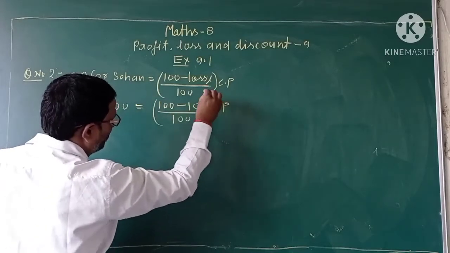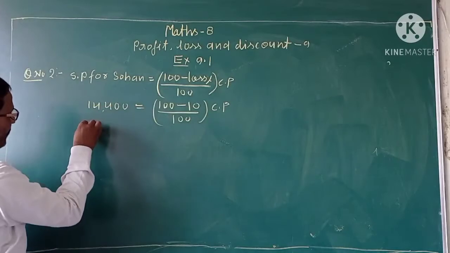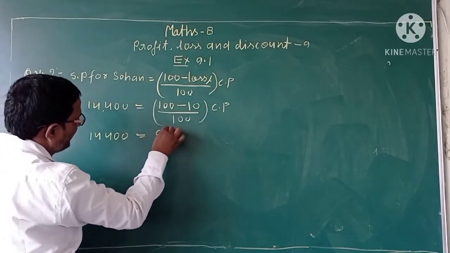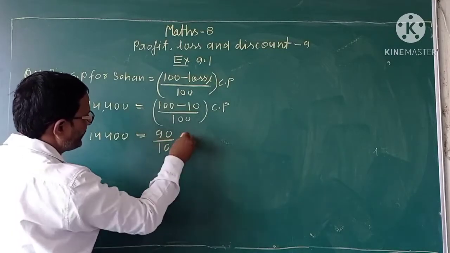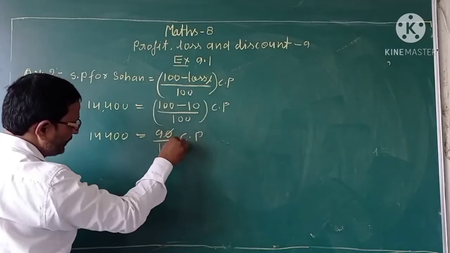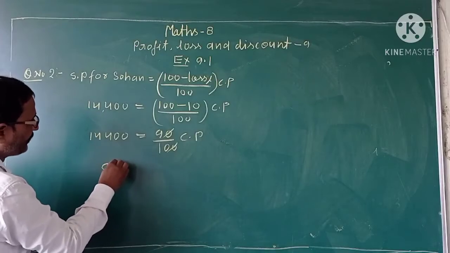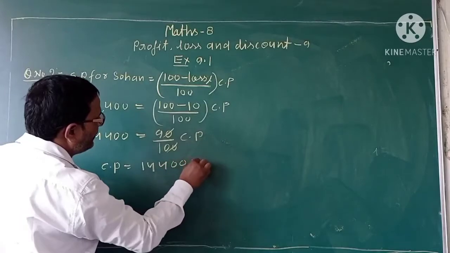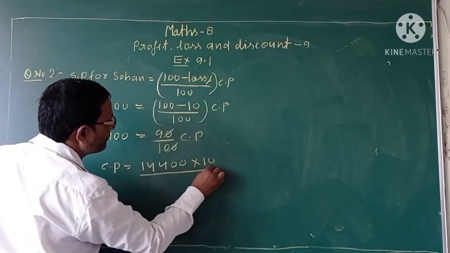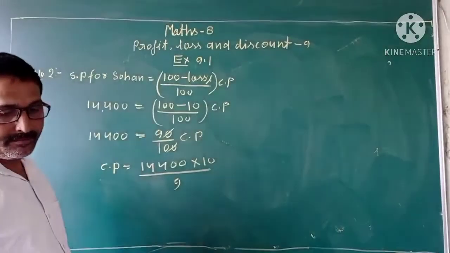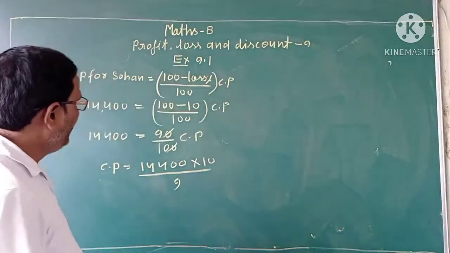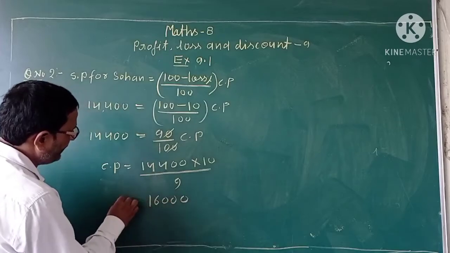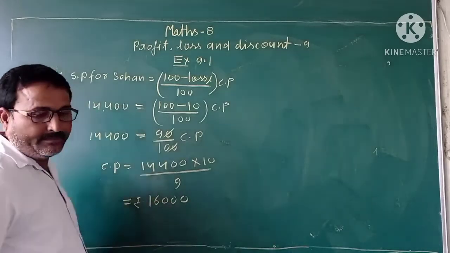CP you have to calculate. 14,400 equals 90 upon 100 into CP. Zero cancel. CP is equal to 14,400 into 10 upon 9. When you divide, it will come 16,000 rupees.